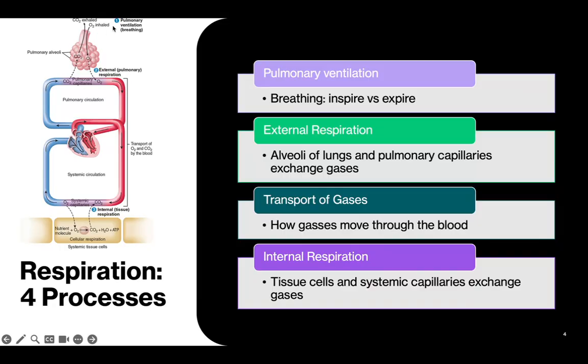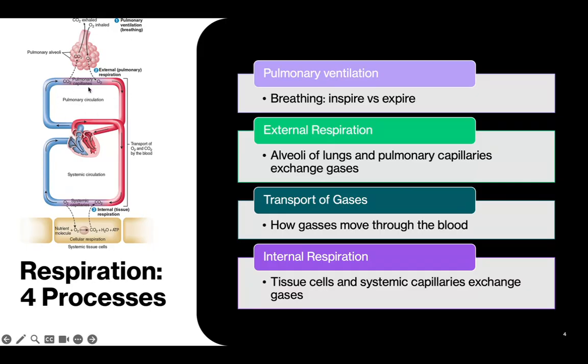Fantastic. The next one is external respiration, which is sometimes also called pulmonary respiration, because we still are dealing with the lungs. However, we're now having an exchange of gases between those alveoli of the lungs and the blood in the pulmonary capillaries. Okay, so it almost makes more sense to call it pulmonary respiration. But we can see, okay, now we're interacting with that pulmonary circuit.